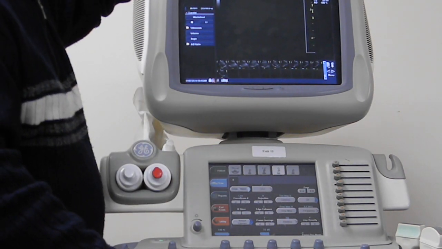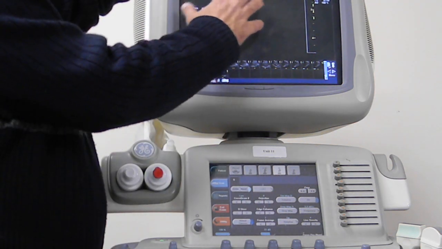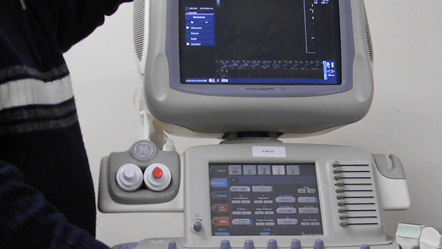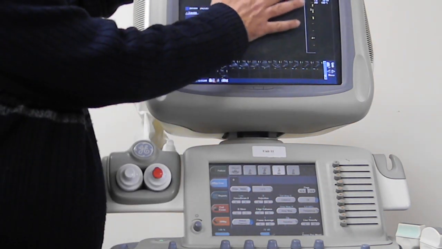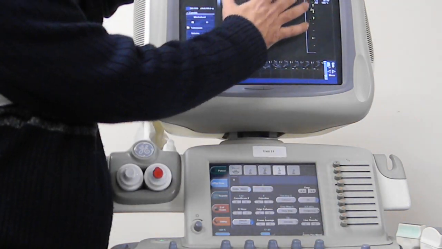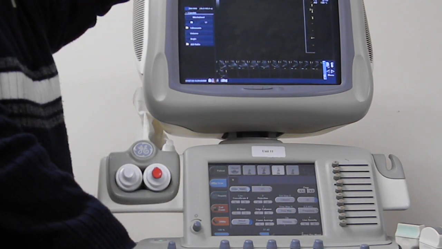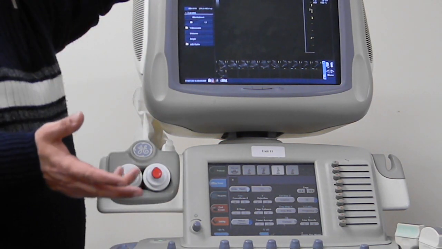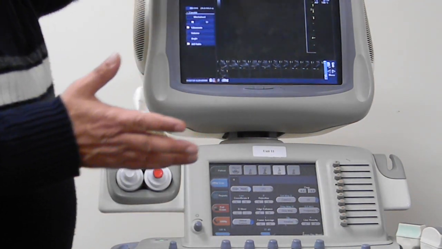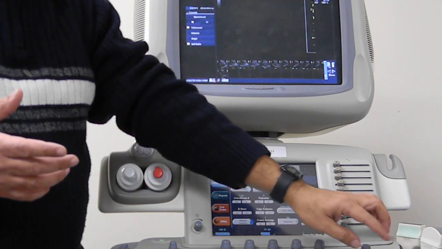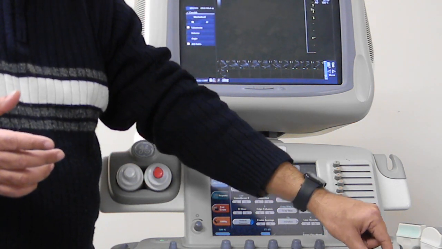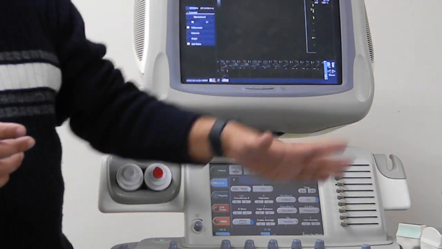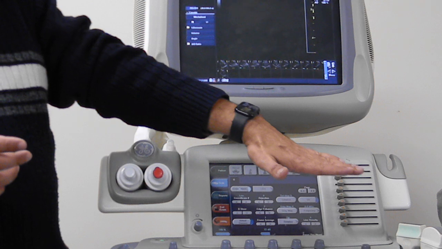Now, again, B is B mode. B stands for brightness. So this is one of the modes which determines the brightness of your image. We'll talk more about the physics of that when we get to ultrasound physics. But just keep in mind that this knob or this mode mainly is going to process the signals that return from the transducer.